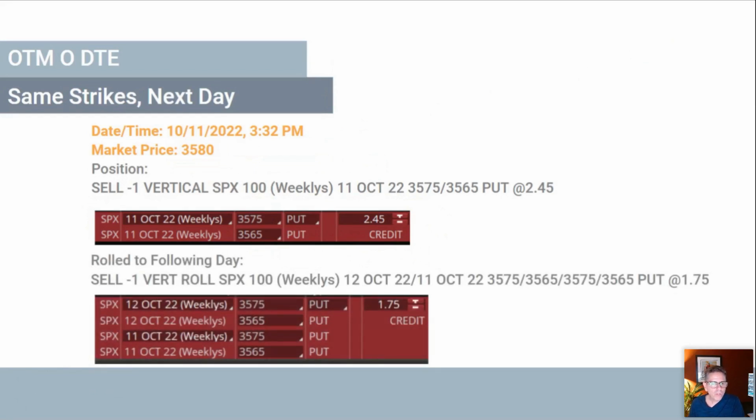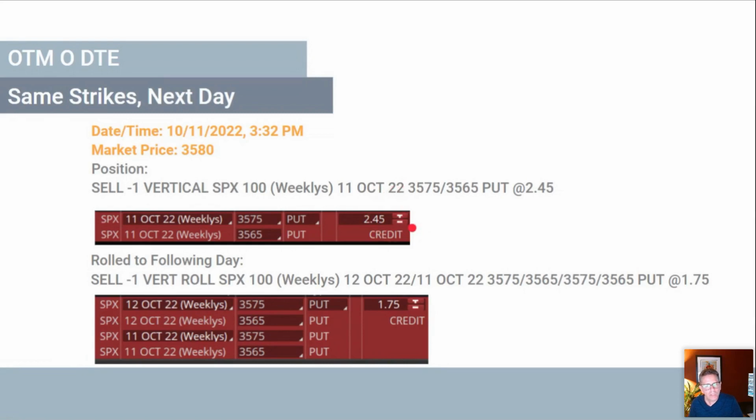And this is later in the day. When the position gets close to the money earlier, you'd have a larger credit. Your position would be higher than 245. It'd probably be like $3 or $4 if it's earlier in the day.